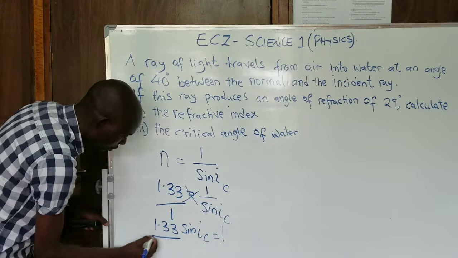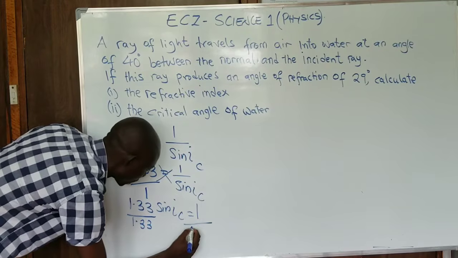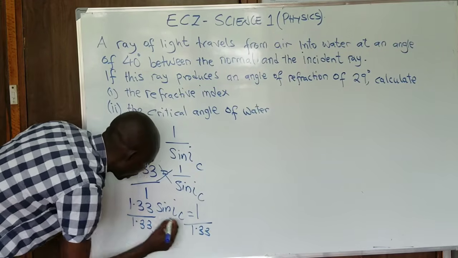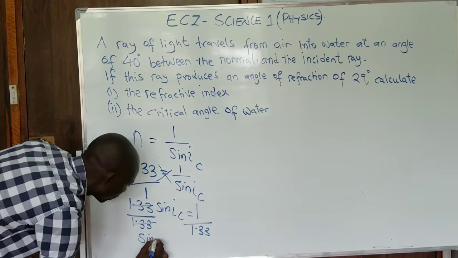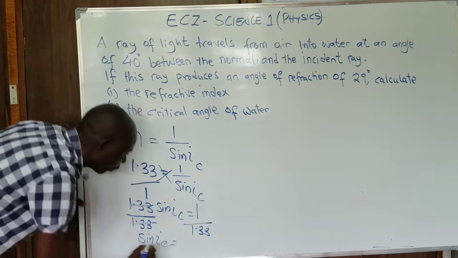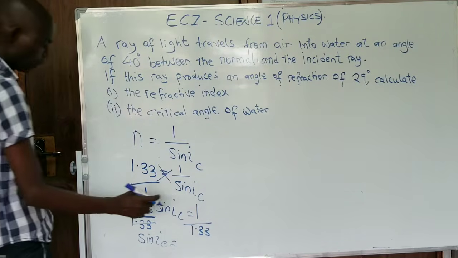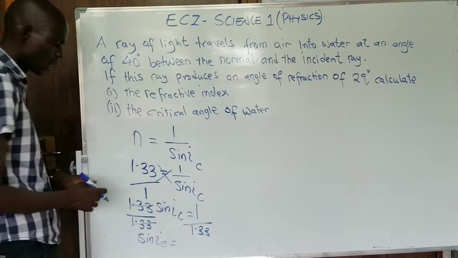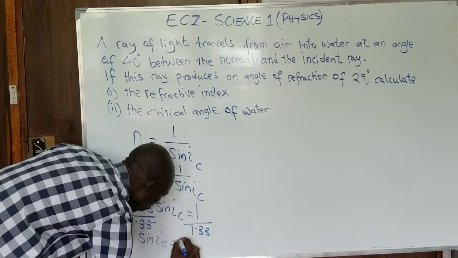Then we divide both sides by 1.33, so sine IC will be 1 over 1.33.